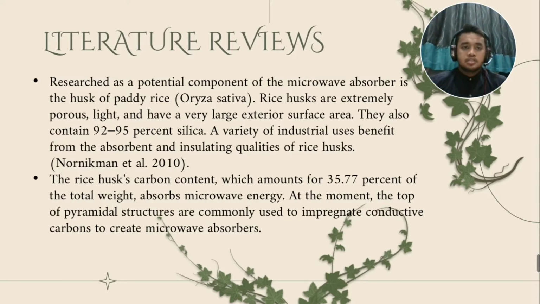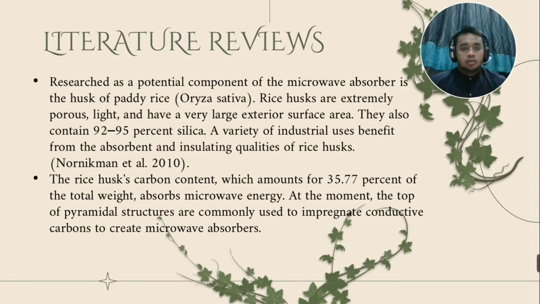Rice husks are extremely porous, light, and have a very large interior surface area. They also contain 92 to 95% silica. So you can see this from the literature.